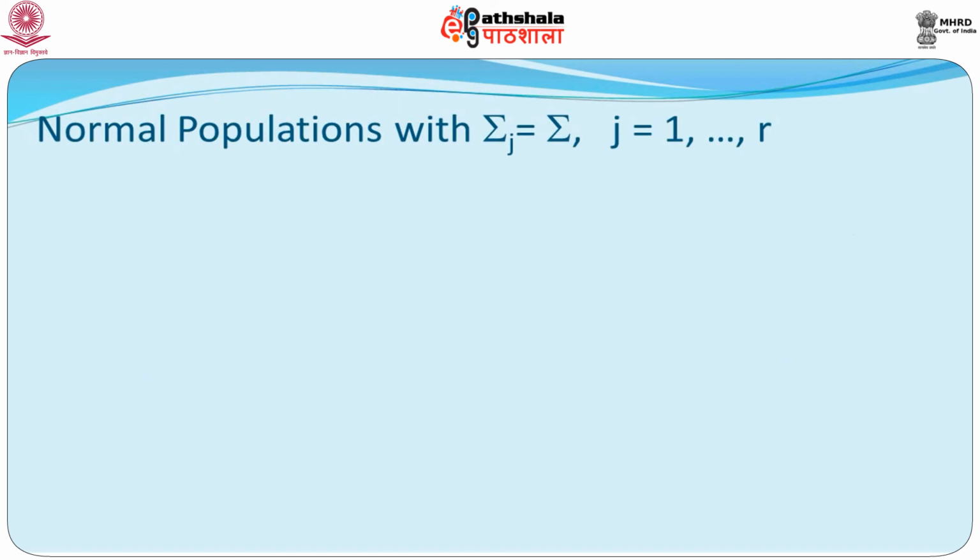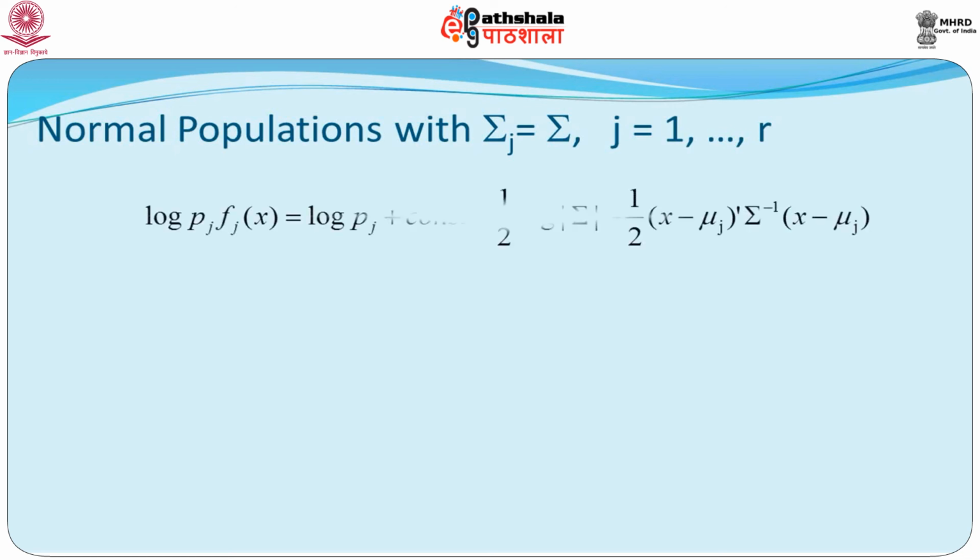Now, let us take a very special case of normal populations, when the variances are all the same, that is sigma_j equals sigma for all j equal to 1 to g. If you look at log of p_j f_j(x) now, you will see that this simplifies further because the sigmas are the same. Of the four terms on the right hand side, the first is log p_j, the second is a constant, the third is also a constant, and the fourth again depends on j.